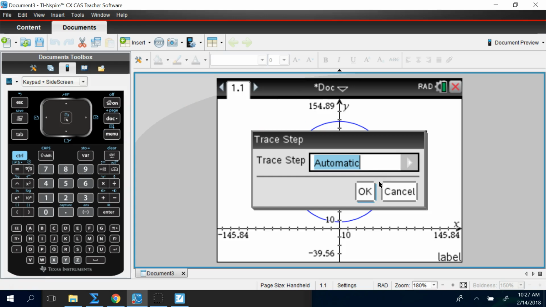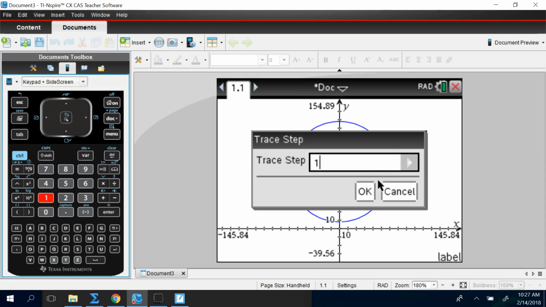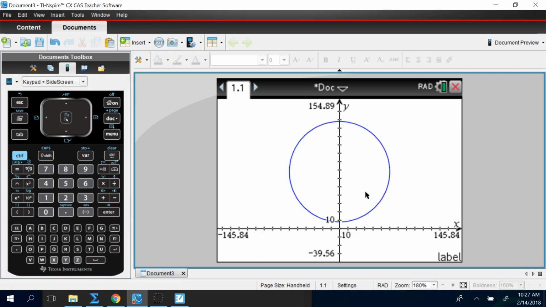I'm going to set my trace step at 1, because then it's going to tell me every second where we're at. Okay? All right? And then I go back into menu, back into trace, and then now I can trace this all the way up to and including t = 5.